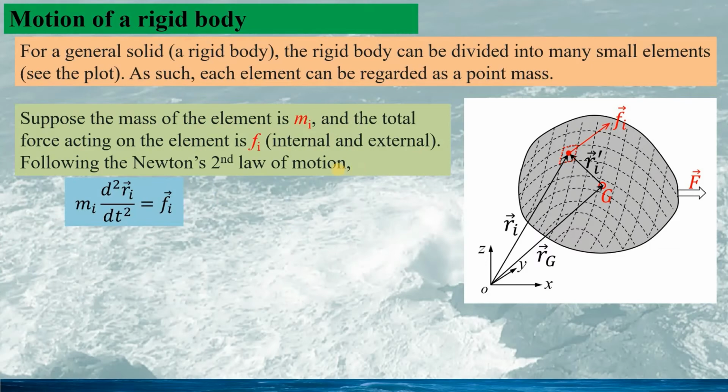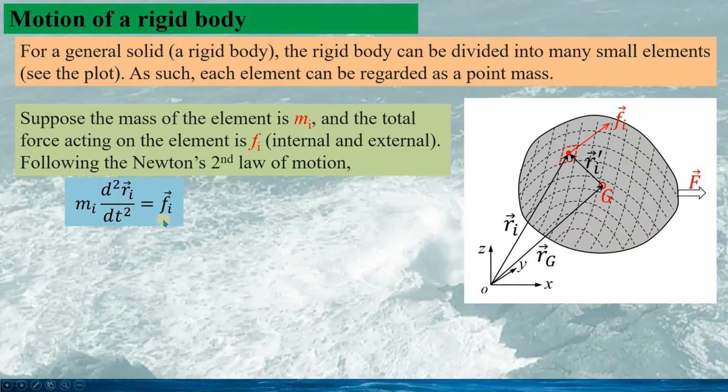Generally, we can discretize the body into many small elements, see the plot, and each element could be taken as a mass point. Suppose the mass of the element is mi and the total force acting on the element is Fi. This vector force Fi could include the internal and external force.